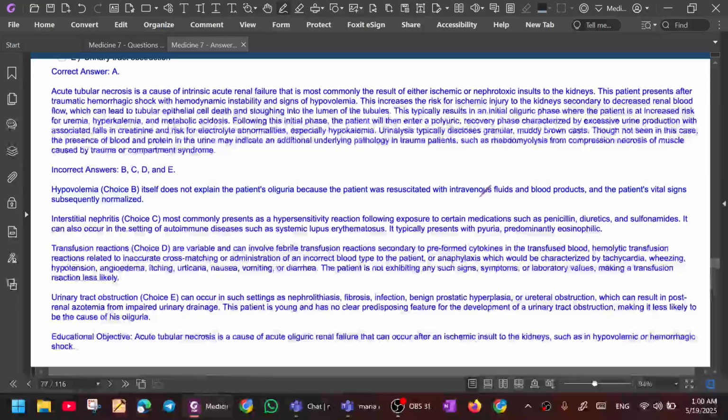This patient is not exhibiting any signs or symptoms or lab values, making a transfusion reaction less likely.